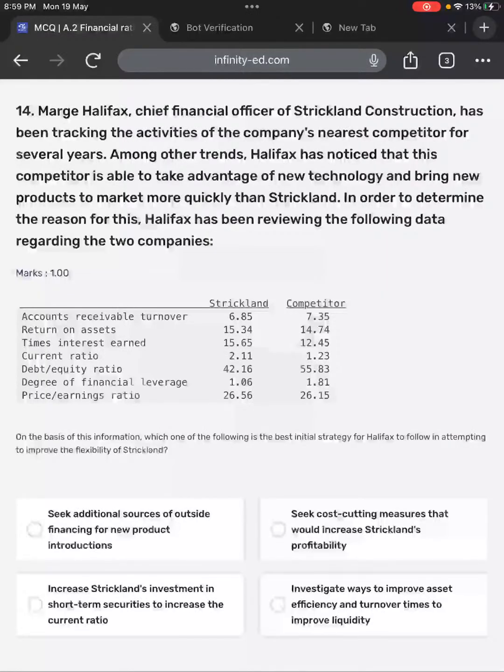Seek additional source of outside financing, introduce new product, seek a cost cutting measure that would increase Strickland profitability, increase Strickland investment in short-term security to increase the current ratio, investigate ways to improve the asset efficiency, turnover time to improve liquidity.